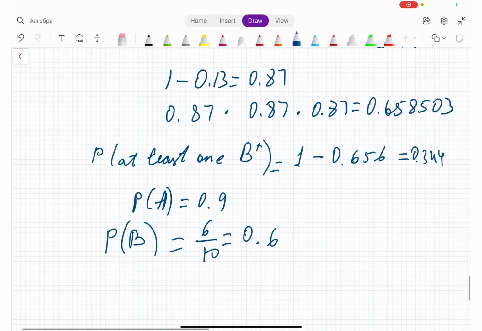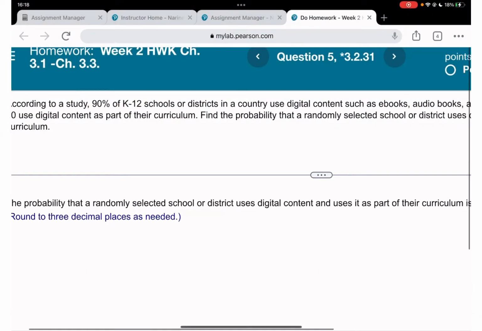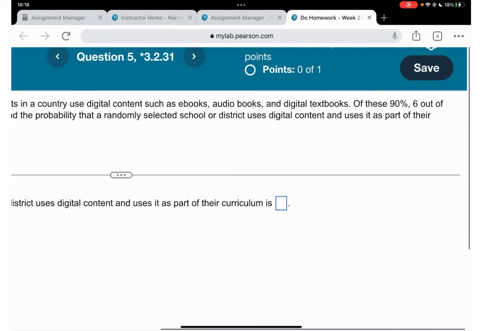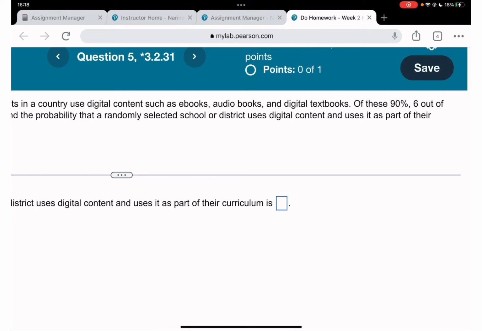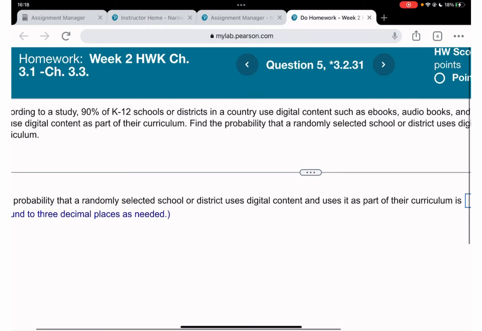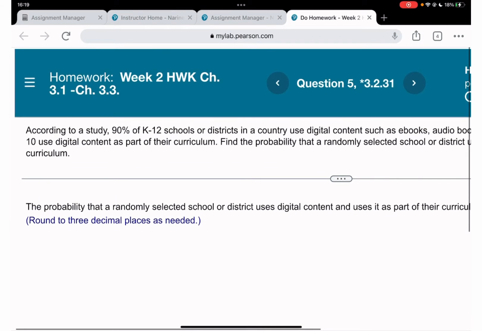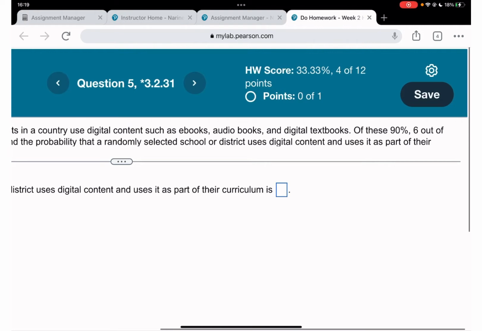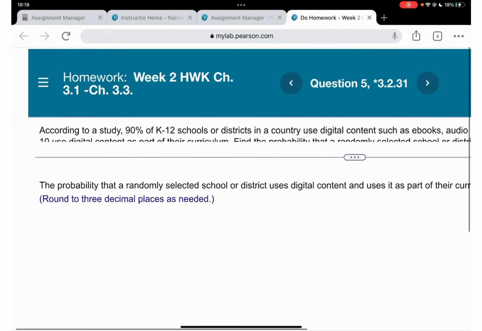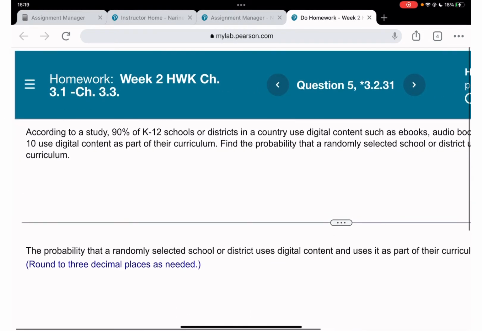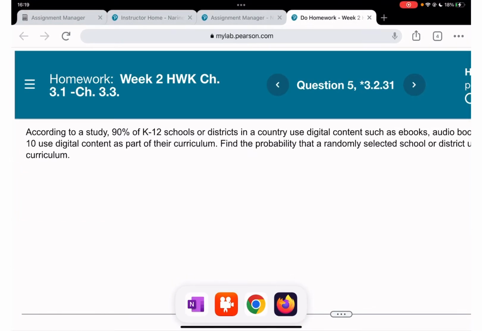And then because it's asking for and, let's see one more time. Find the probability that randomly selected school or district uses digital content and, so the one that uses digital content is 0.9, and uses it as a part of their curriculum is 0.6.